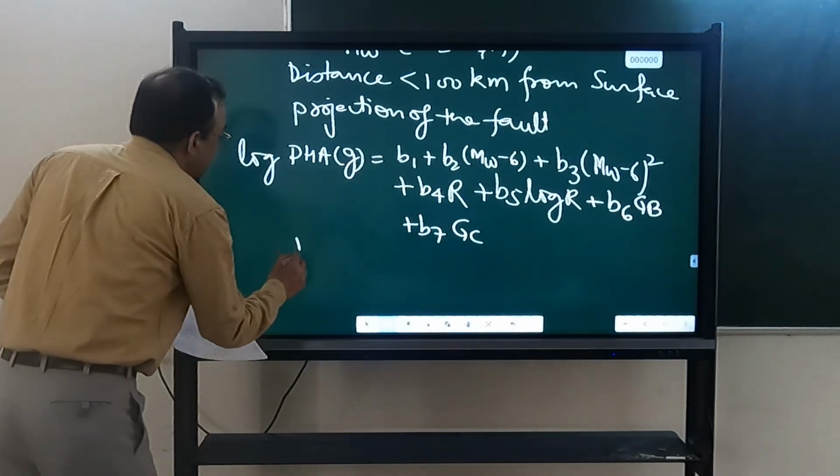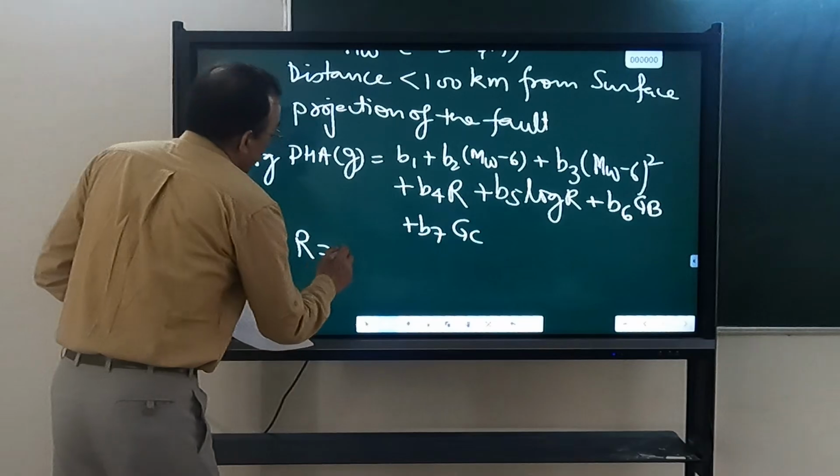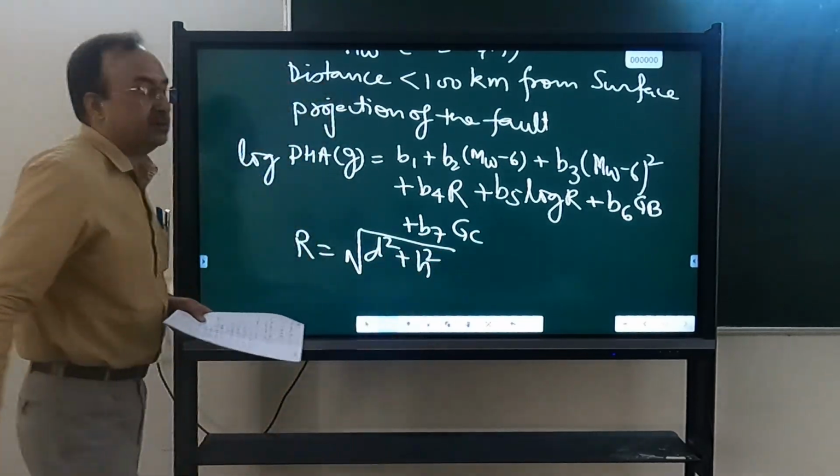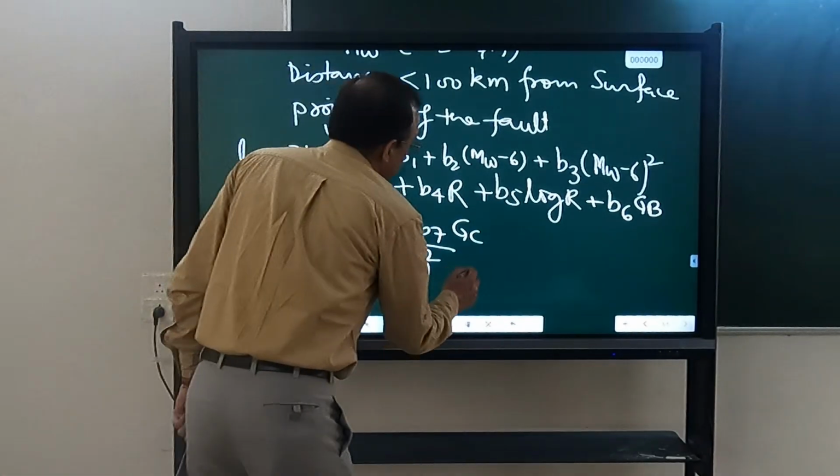And here R is actually the square root of D squared plus H squared.